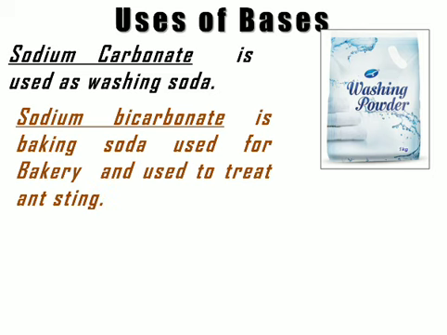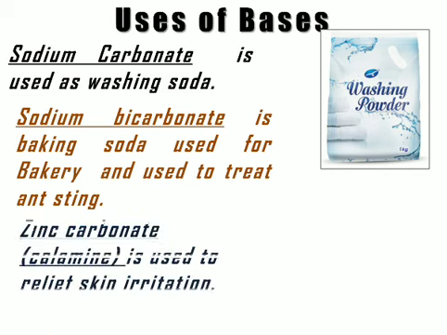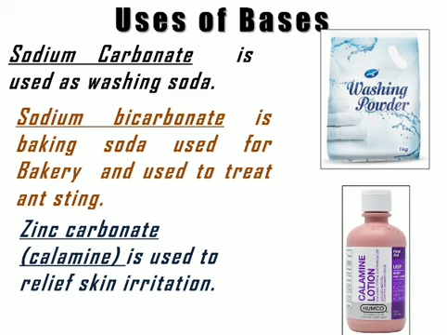So it is used to treat that part also. Zinc carbonate is also a type of base, known as calamine. It is provided by doctors to relieve skin irritation. This is calamine lotion. So zinc carbonate is again a useful kind of base. These are some uses of bases that you have to remember.